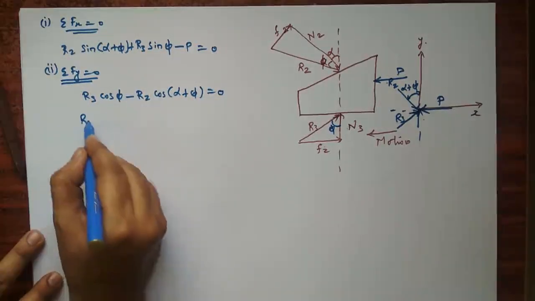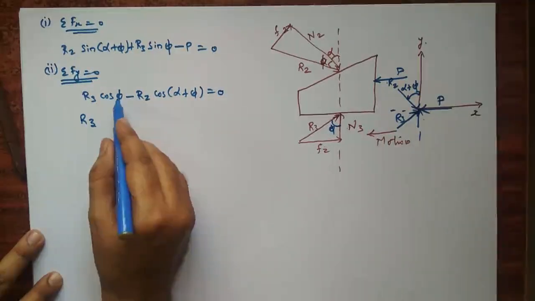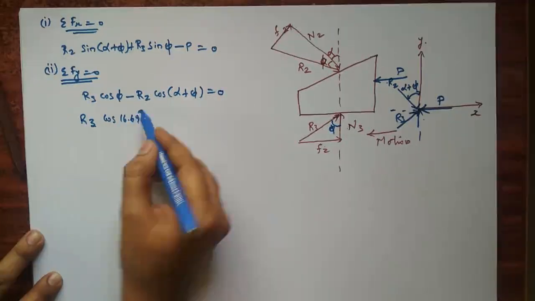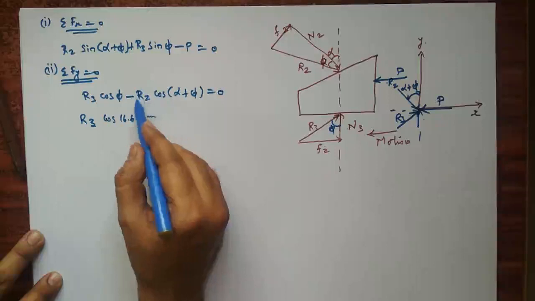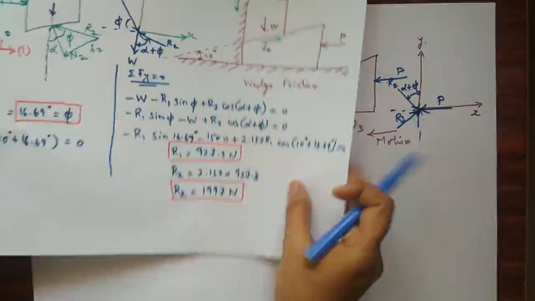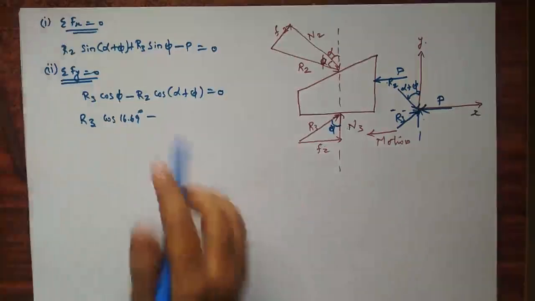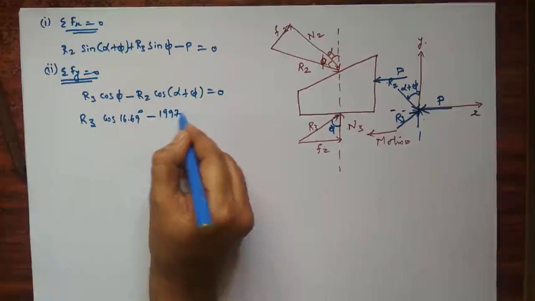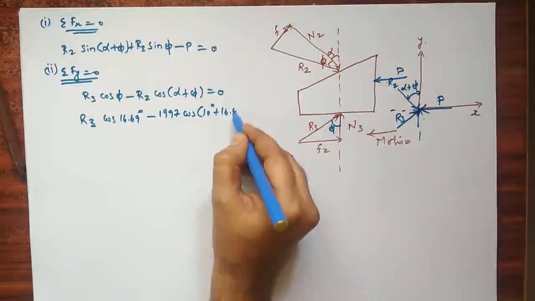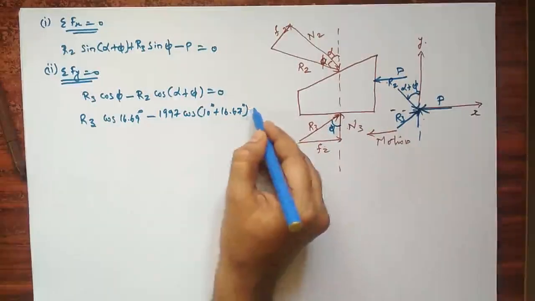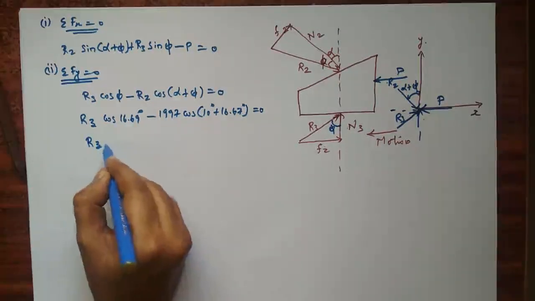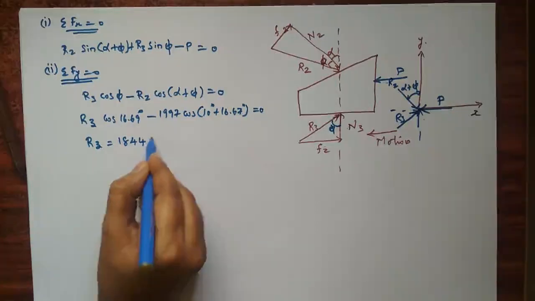So R3, as we calculated the phi value earlier, cos 16.69 degree minus, we have calculated the R2 value 1997 cos 10 degree plus 16.67 degree, which is equal to 0. From that you can solve this equation. You will get the R3 value, 1844 Newton.